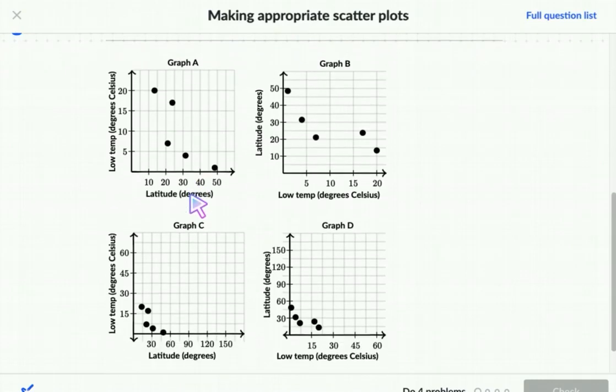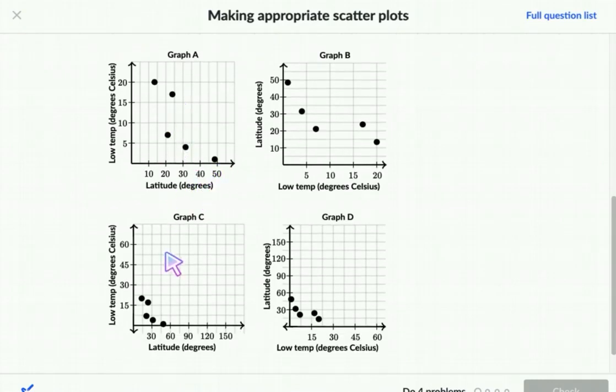Latitude should be down here. So we're really choosing between A and C. Because latitude, they said, they want to know if it causes low temperature to change. So now we're just choosing between scales. Do we want it more spread out, or do we want it more squished together? Which one is probably better?